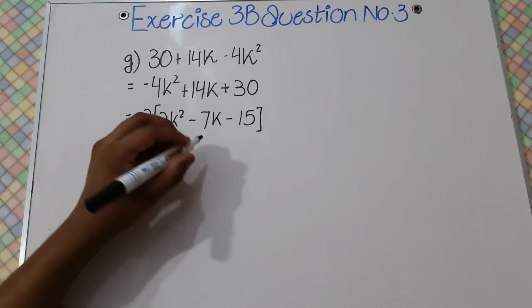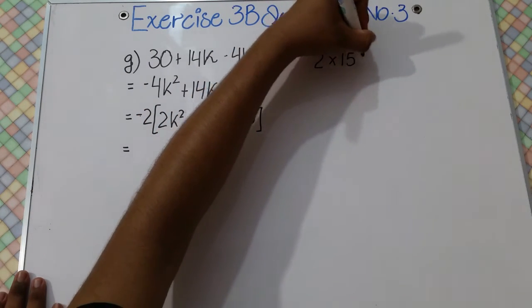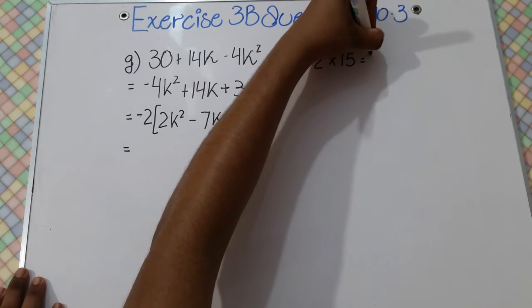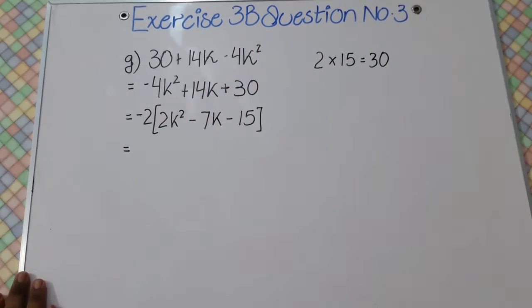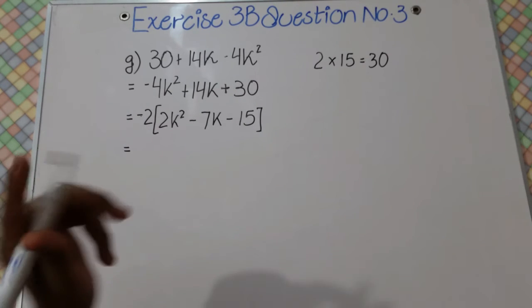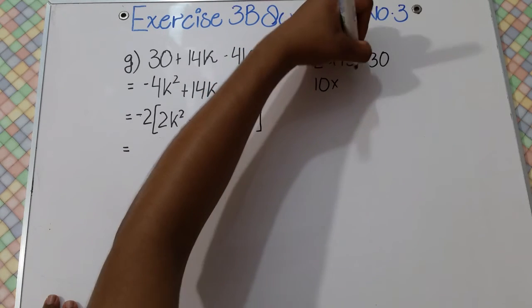So I'm going to multiply 2 with 15. So 2 multiplied by 15 is 30. So now we need to find numbers that multiply to give 30, and subtracting or adding give 7. So if we multiply 10 with 3, it is 30.